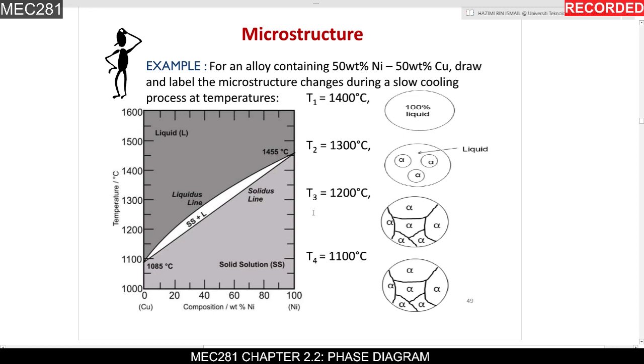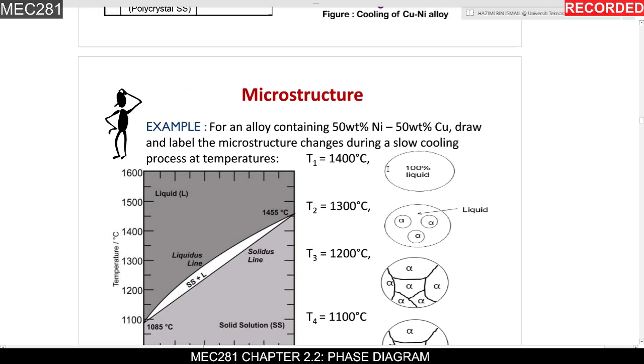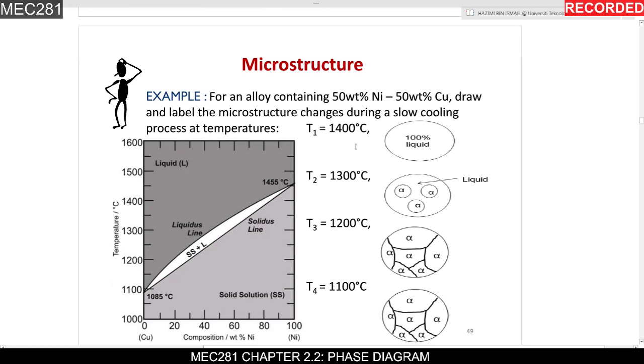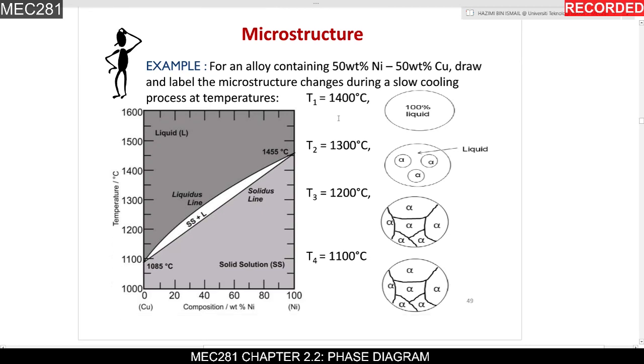Okay, kalau awak kena lukis diagram microstructure macam ni, dia cakap draw and label the microstructure changes during a slow cooling process at temperature. Dia cakap dekat mana? Dekat 50%. So awak cari 50% ni, buat straight line naik atas 50%, and then start at the temperature T1 1400 kat sini.